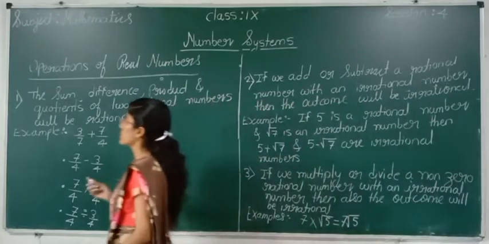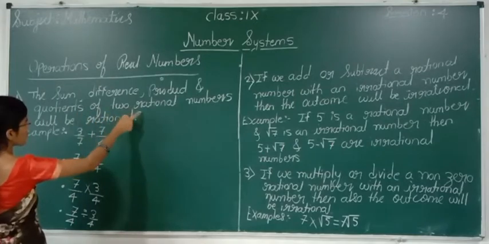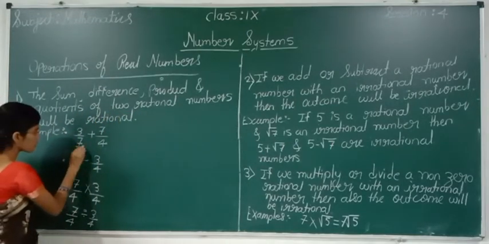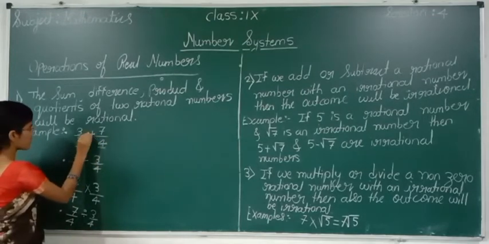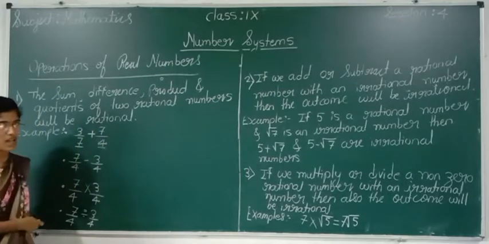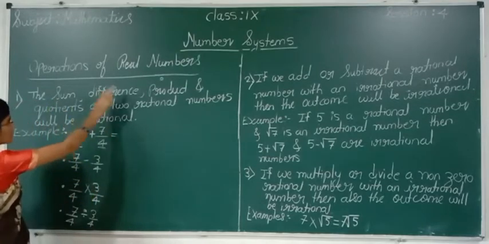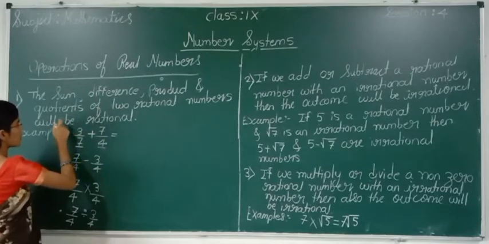See here, the sum, difference, product and quotient of two rational numbers will be rational.